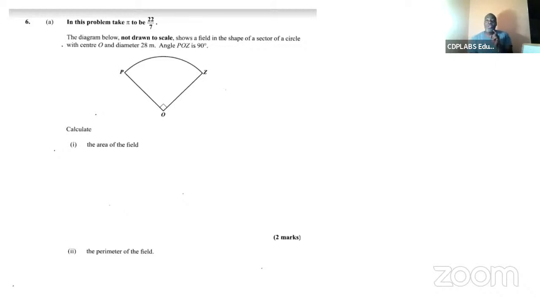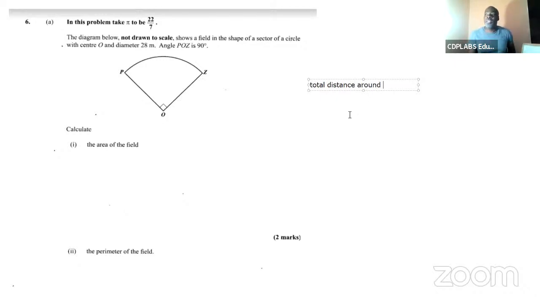Because when you hear the words total distance around, the definition is basically telling you this: total distance around.